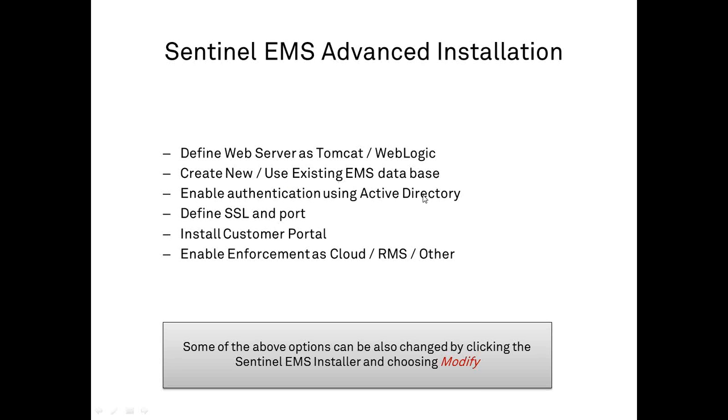Third, we talk about Active Directory, in order to allow you to define the users and the authentication of each user. Which are the users? And for each user, what are the access rights within Sentinel EMS? Because Sentinel EMS is a server and users can access things inside it and can do some of the tasks of the Sentinel EMS or all the tasks, and you can decide which user can do what.